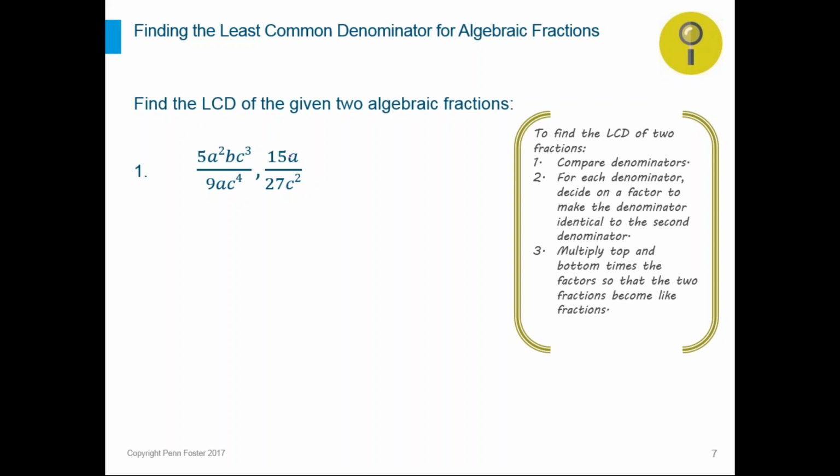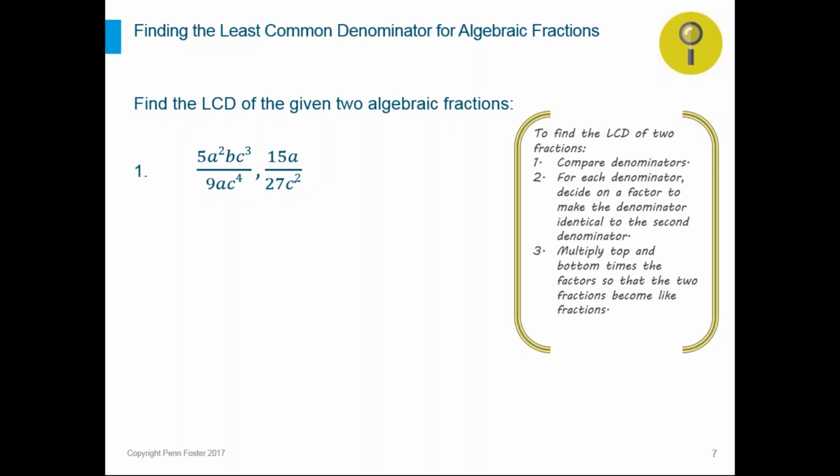So when we look at the two fractions, our goal in our mind, like we used to do with numbers, is to change the 9ac to the fourth and 27c to the second to the same denominator.